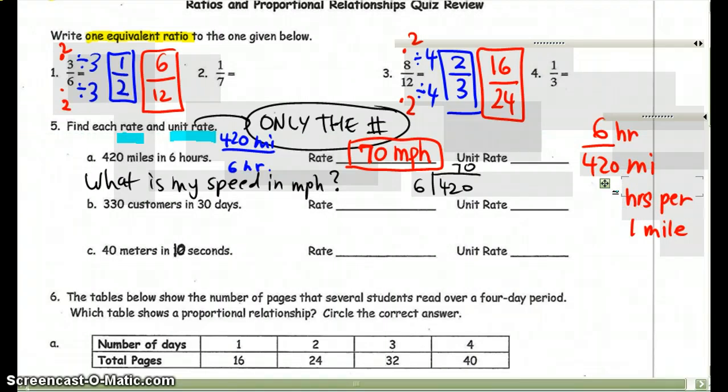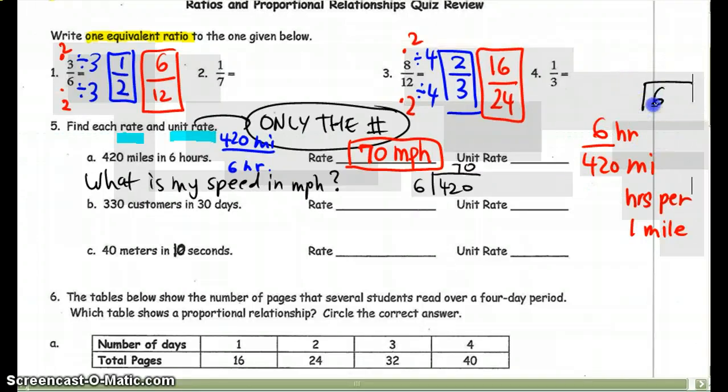If you do choose to divide it where you're looking for hours per mile, then because the fraction I've written has 6 on the top, the number on the top goes in the box. So when I divide, 6 goes in the box and 420 goes outside. Now, even though 6 is smaller than 420, just make sure you add a decimal.